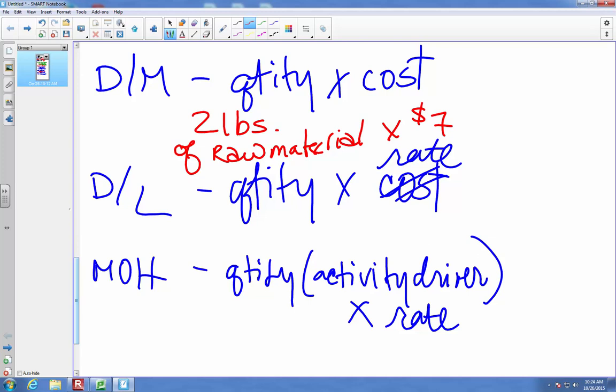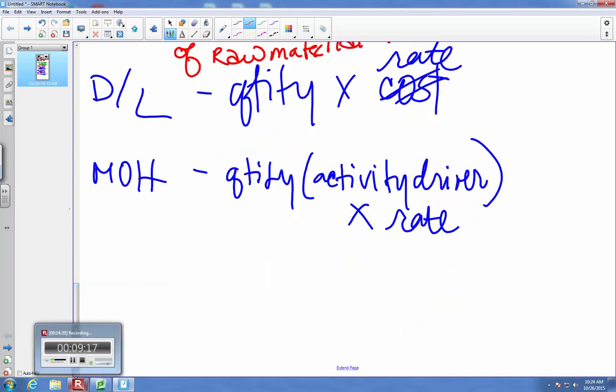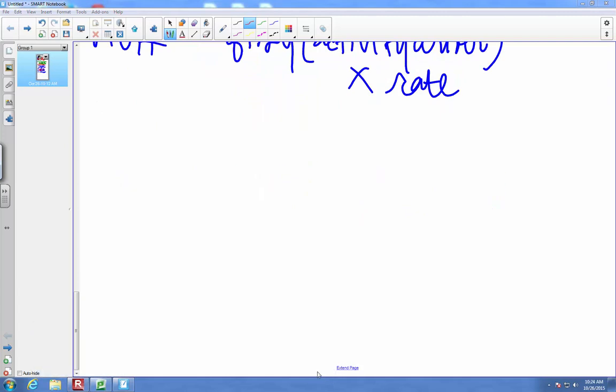So I should technically have $14 of raw material costs in each backpack, right? Standard cost, direct materials.